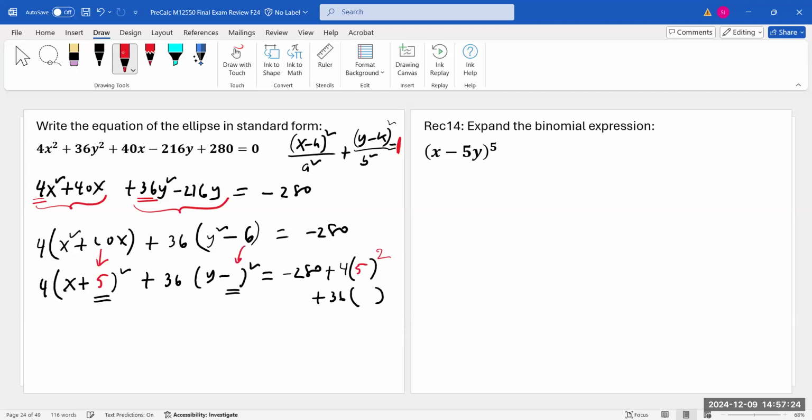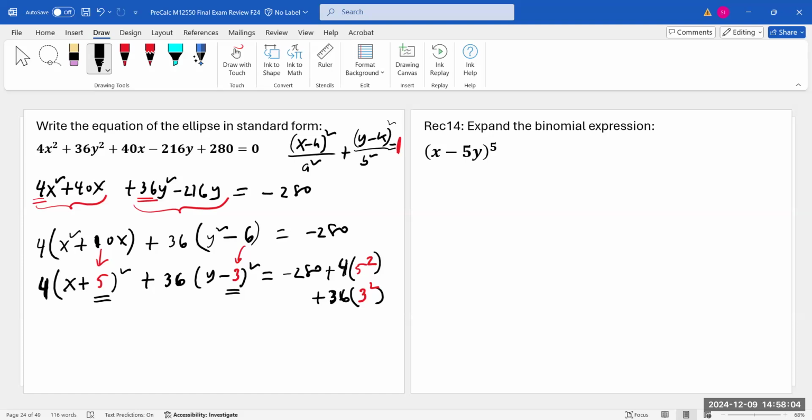Now what to add for y is half of 6, which is 3, so I need to add 3 squared on the other side. It's 4 times because this term has a coefficient 4, and 3 squared has the 36 times because we have a 36 on the outside. So whatever we took out as a common factor, we need to multiply by the half of whatever we have in front of the variable.